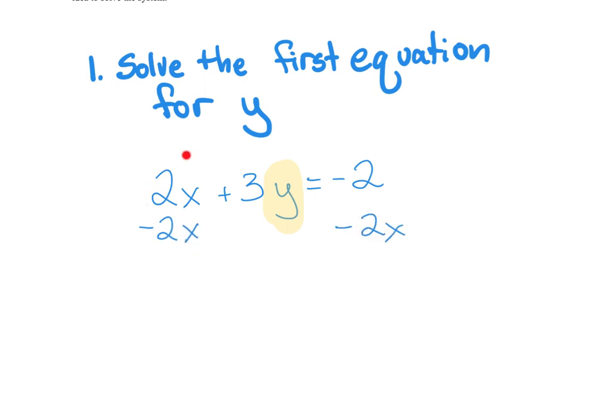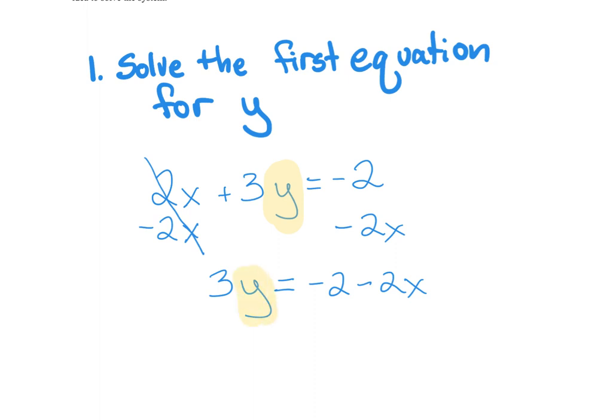And since we did it on one side, we have to do it on the other side. Anything minus itself becomes 0, so all that's left on the left here is this 3y. And then we have -2 minus 2x. These are not like terms because they do not both have x, so we cannot combine them.